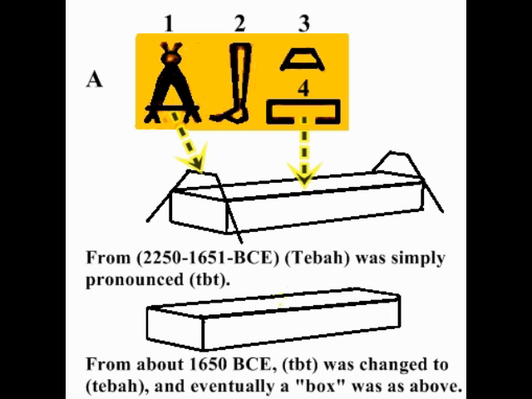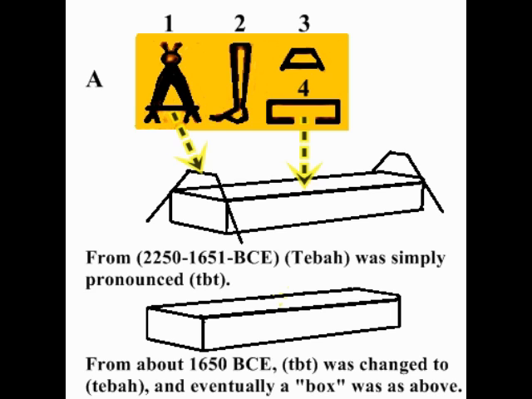Then the word Tebah for ark in relation to Noah's Ark was changed in 1650 BCE, as we see the rectangular box on the bottom, and the word was no longer pronounced Tebah, but was now pronounced differently.